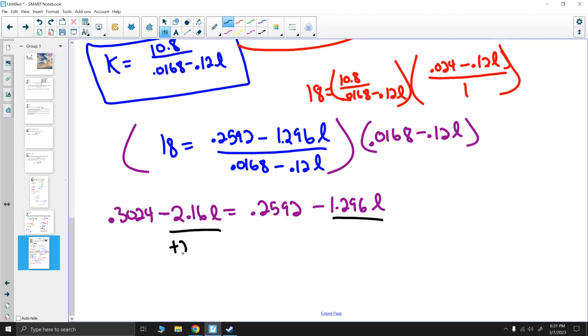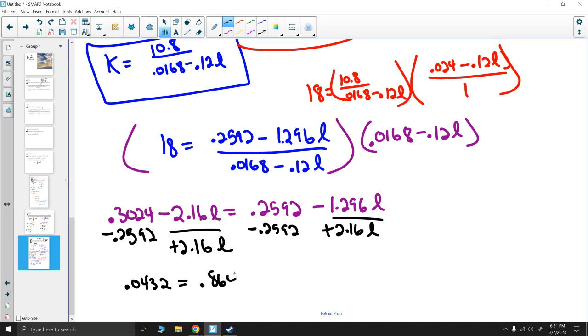So I'm going to add 2.16L to both sides. And I'm going to subtract 0.2592 from both. Okay, so 0.3024 minus 0.2592 is going to give us 0.0432, and that's going to be equal to negative 1.296 plus 2.16, which gives us 0.864L.